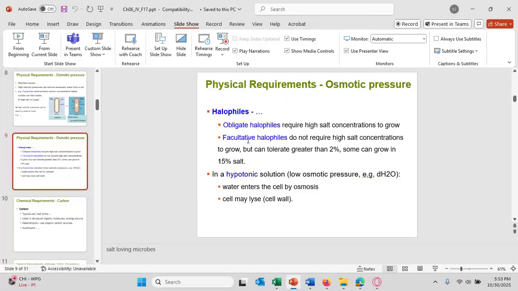So Staphylococcus aureus is a facultative halophile, but it can also grow on nutrient agar, which is only 0.9% sodium chloride. An obligate halophile would be one growing in the Dead Sea, the sea between Jordan and Palestine. That sea has about 30% sodium chloride. That's the highest amount of sodium chloride you can have in water. If you put in more, the sodium chloride will simply precipitate out of solution.